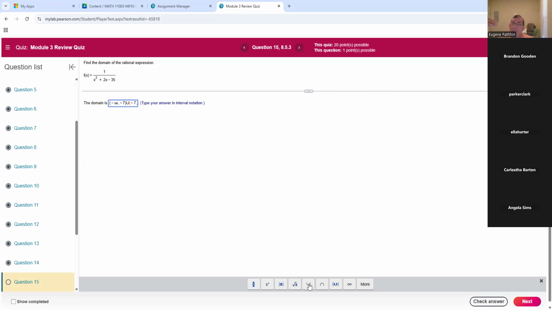So the top can be a 0, but the bottom can't. All right, so negative 7 and then the 5. I'm going to union around that 5. And then from 5, we said we're headed off towards positive infinity. Okay? So yeah, for the vertical asymptote, and for this domain, you're only focusing on that bottom, okay?